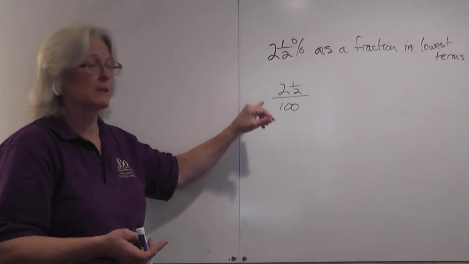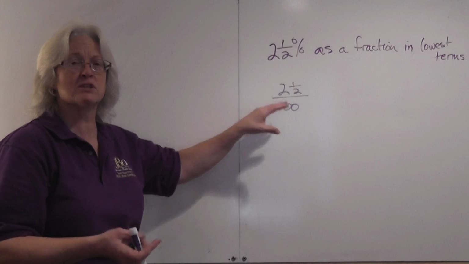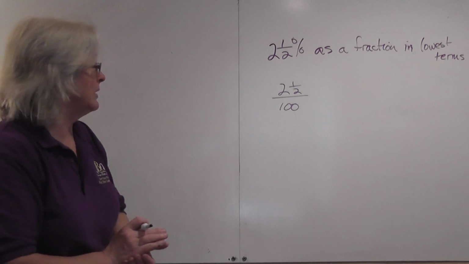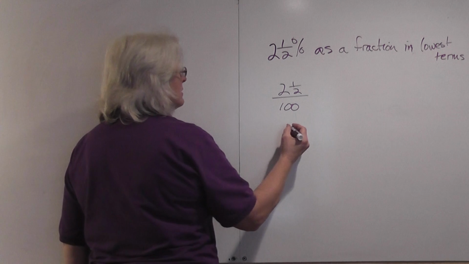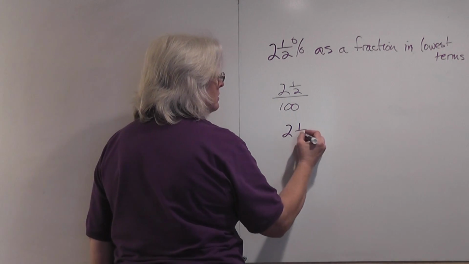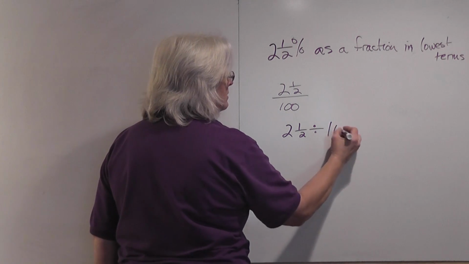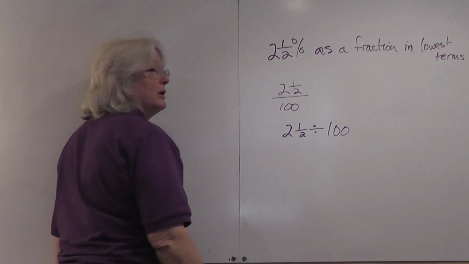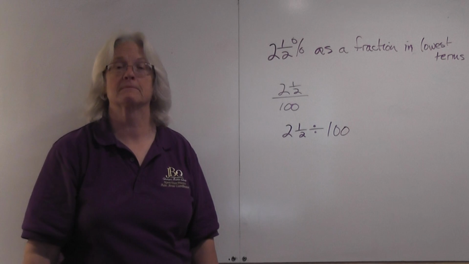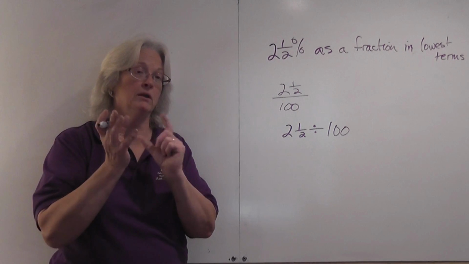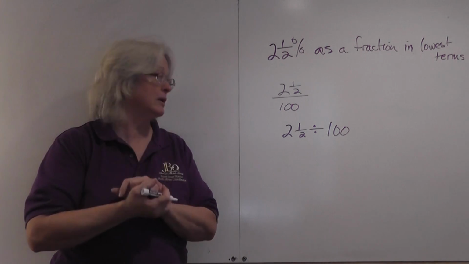Not really. But what does this actually mean here? Let's think about what our fraction bar means. This means 2.5 divided by 100, doesn't it? Starting to maybe get your brain thinking a little bit here.